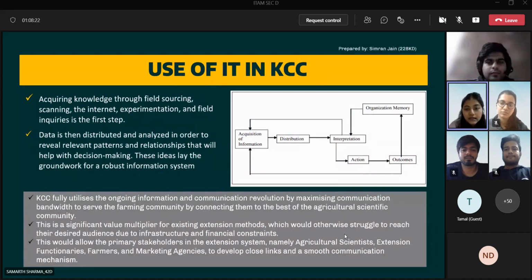Moving on to this slide, Kisan Call Center also utilizes the communication bandwidth in IT so as to connect the farmers with the scientific community of agricultural experts. It has three levels. Level one is the basic call center interface with high quality bandwidth and a local language proficient agriculture graduate.